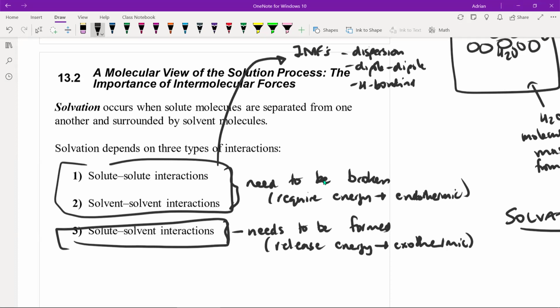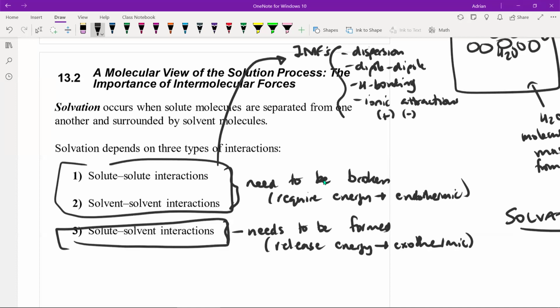Then we can also throw in our ionic attractions, right? Positive attracting negative. We talked about all of these, and that's what you're going to find in the solute-solute, solvent-solvent interactions. Those are the forces that keep the solutes together, that keep the solvent together.